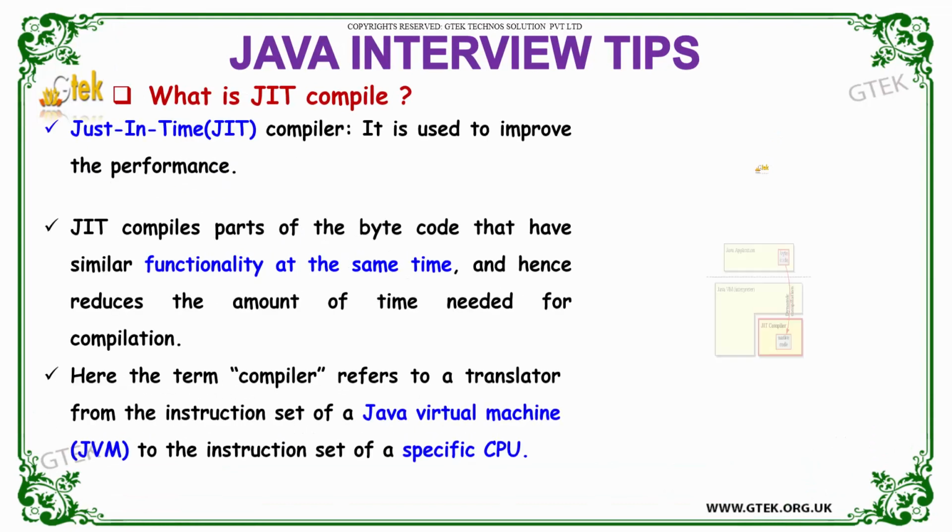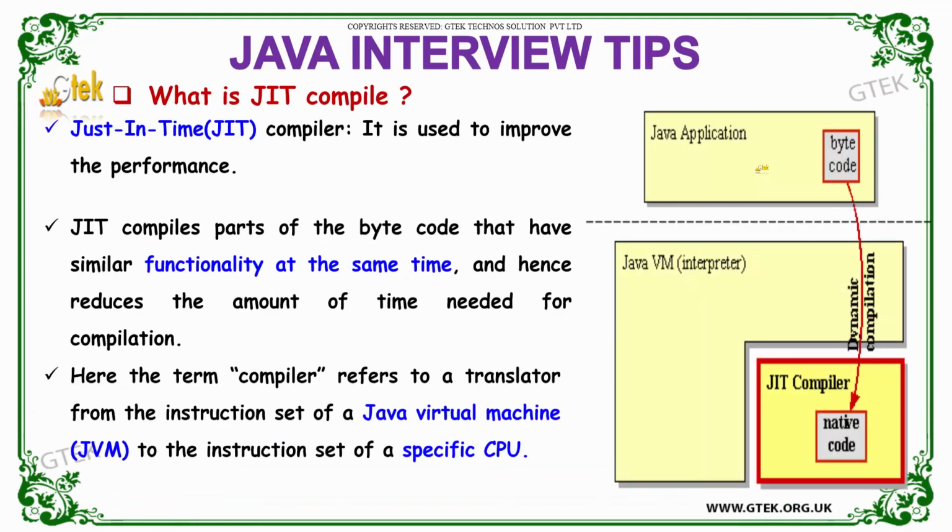Let us see our next question. What is JIT compiler, which is also known as just-in-time compiler? It is used to improve the performance. JIT compiles the parts of the bytecode that have similar functionality at the same time, and hence it reduces the amount of time needed for compilation.